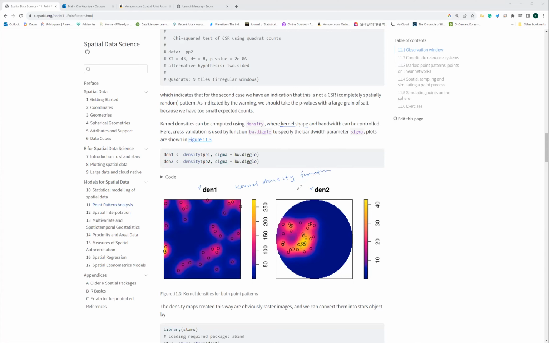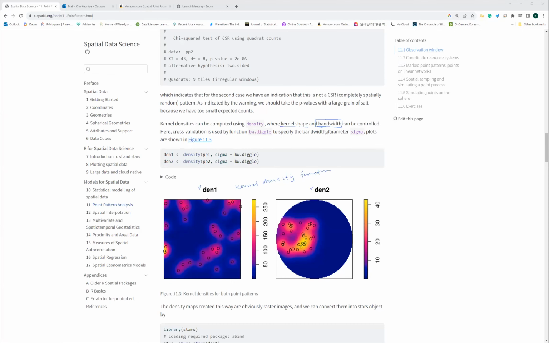The kernel density function is a more standardized value of the intensity of the points. It has a clearly defined bandwidth, and depending on that bandwidth, we can get these heat map kind of spatial point patterns.